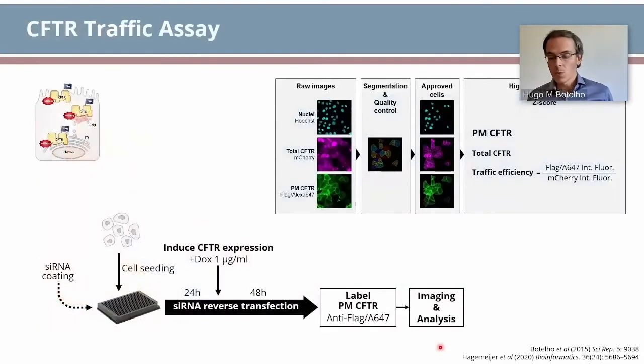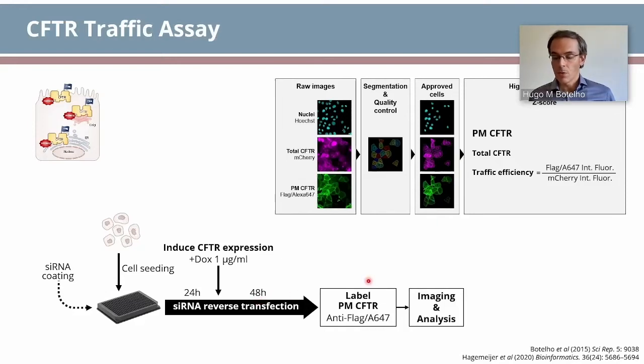For the screening assay, multi-well microscopy assay plates were coated with a mixture of siRNA and transfection reagent, the so-called reverse transfection protocol. Cell seeding triggers transfection and knockdown of one gene in each well. After allowing 24 hours for the target gene to be depleted, CFTR expression is induced with doxycycline, and 48 additional hours are allowed for CFTR synthesis and traffic.